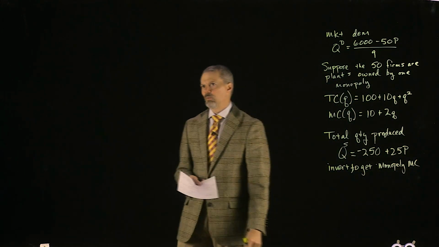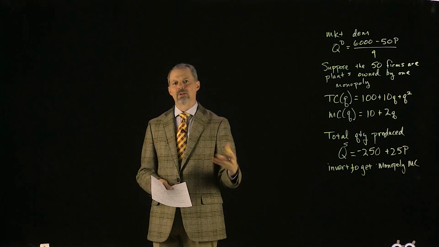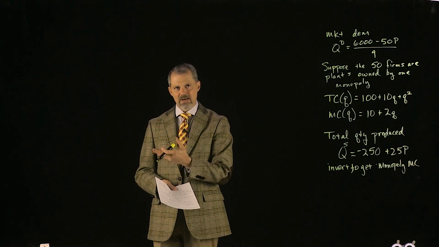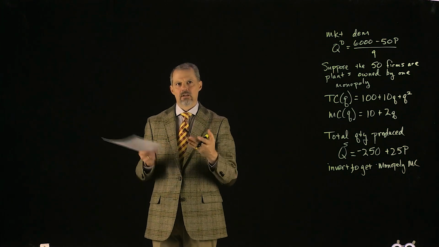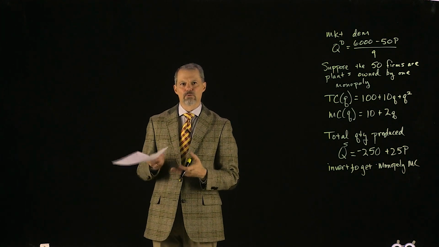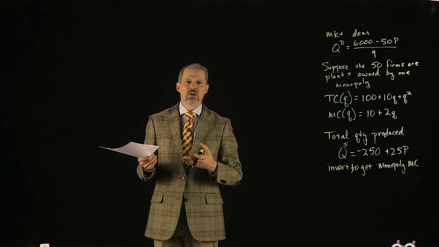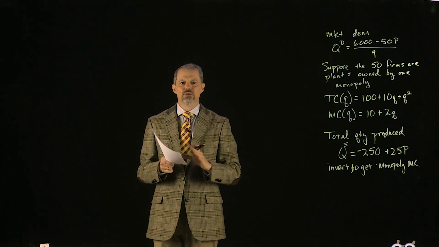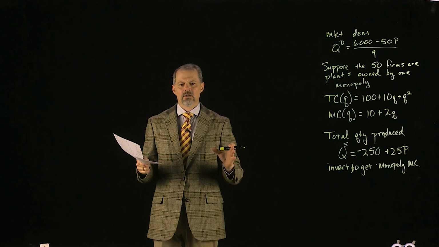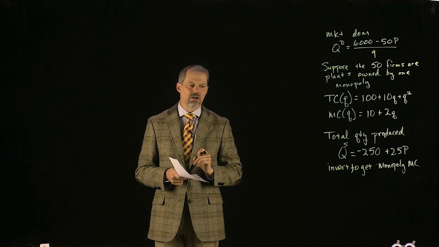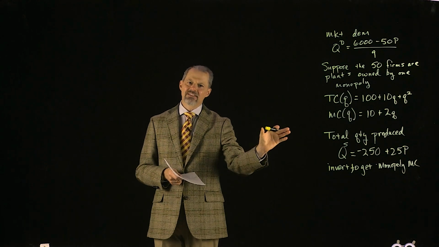Remember that the monopoly has no supply curve like we would have with a competitive firm. The competitive firm's marginal cost curve, we call it the supply curve. And the reason is because once you have the marginal cost curve, you've got everything you need to know. The price and quantity combination are both found on that marginal cost curve. A monopoly has no supply curve.